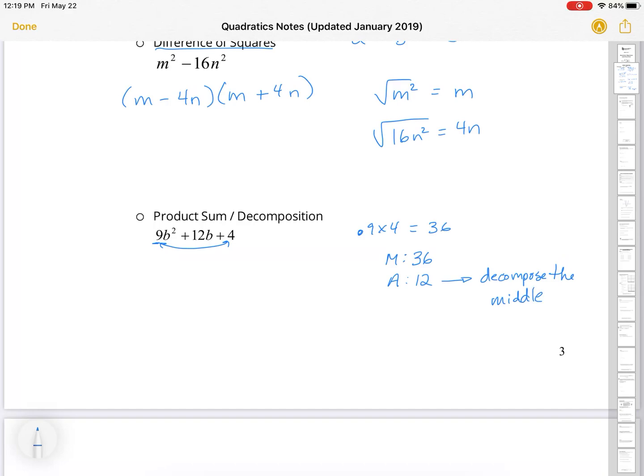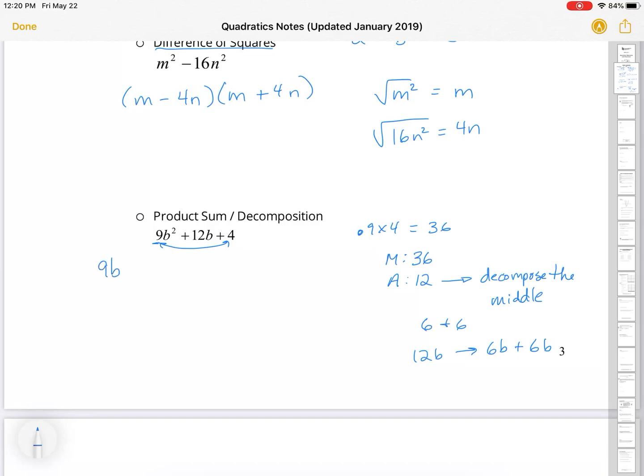And decompose means break apart, okay? So I'm going to break up the 12b into my terms. So my two numbers are going to be 6 and 6. So I'm going to break 12b into 6b plus 6b, okay?